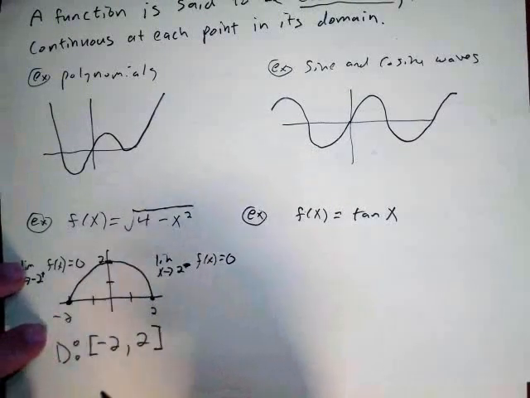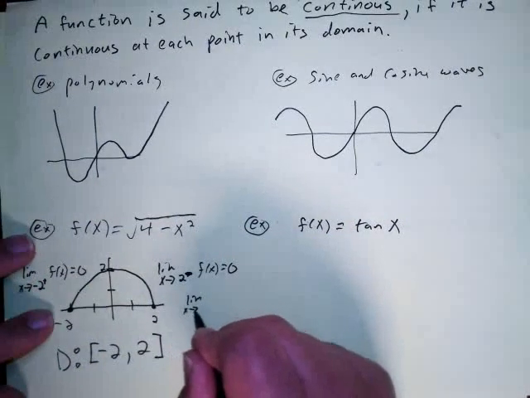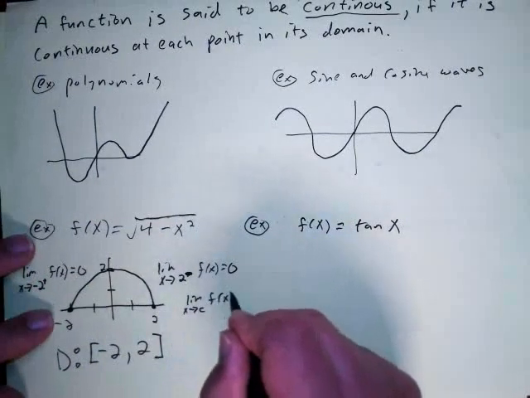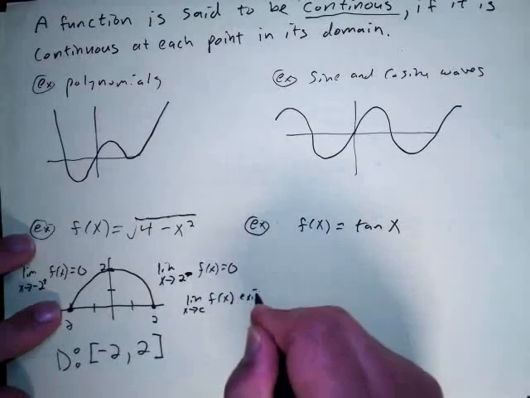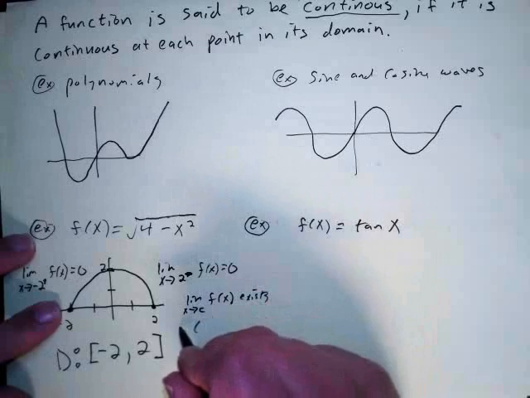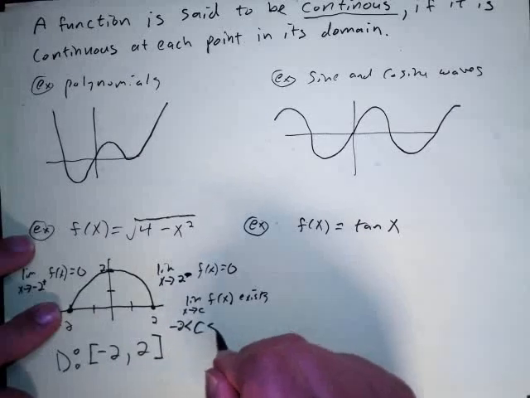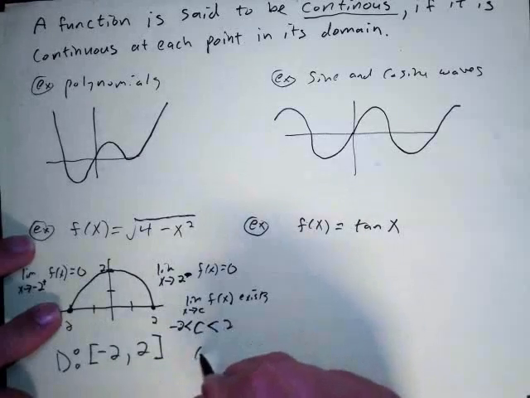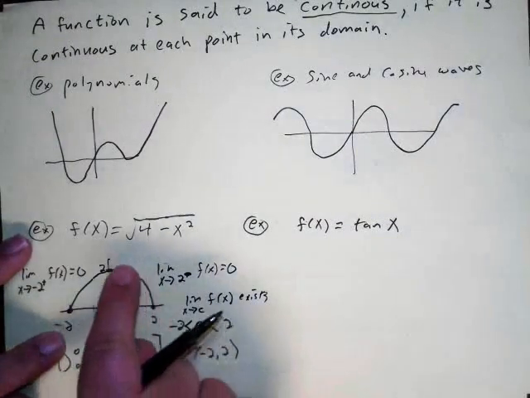And then for everything else, the limit as x approaches c of f of x exists for all c that's strictly between -2 and 2. So in this open interval, it's continuous.